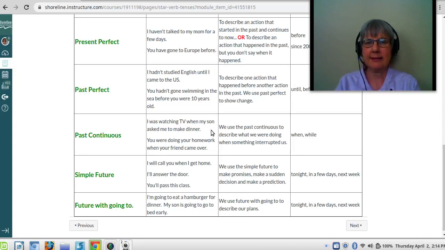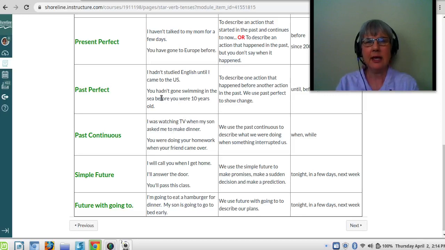So we use the past continuous to describe what we were doing when something interrupted us. And the keywords are when and while. Again, I know you've studied this one. You must remember to use the ing, and you must remember that when you have past continuous, somewhere is going to be simple past right there.